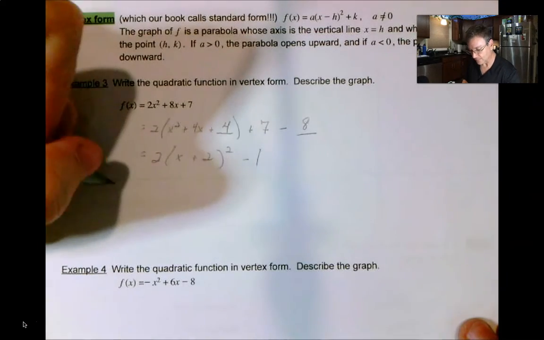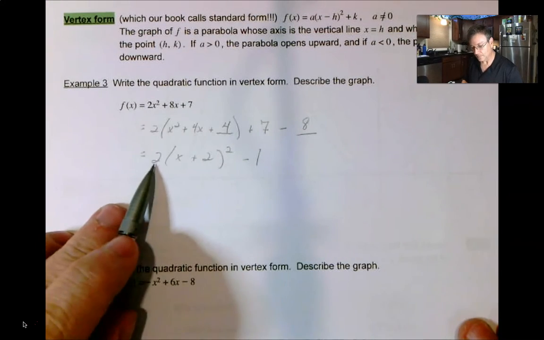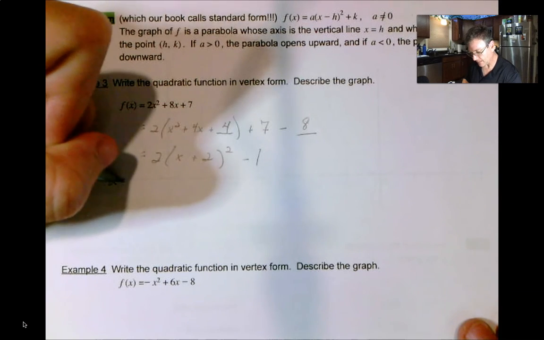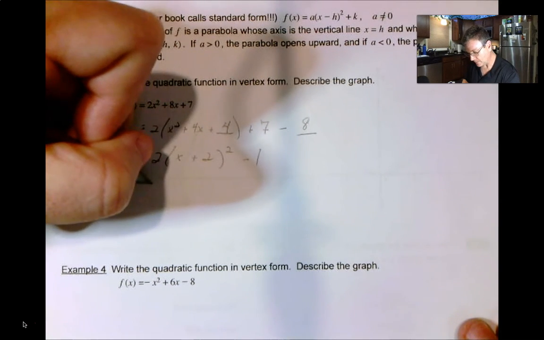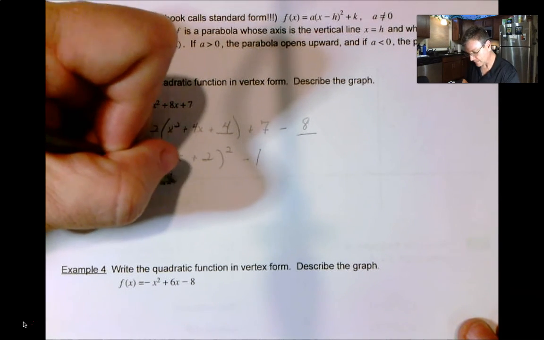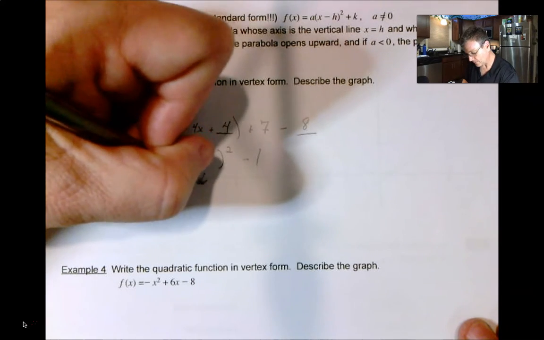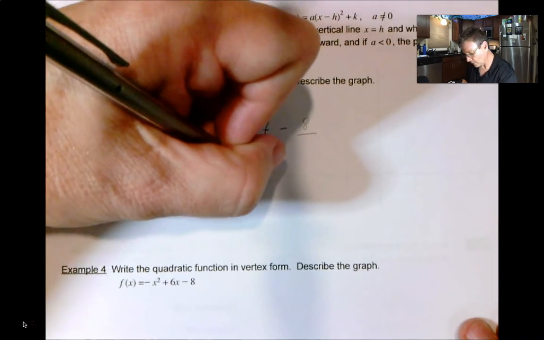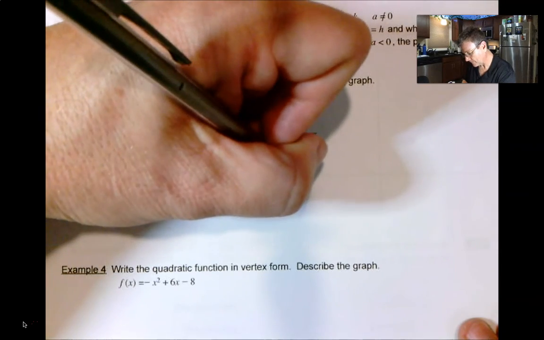So let's describe the graph. The 2 makes it a little more narrow. A equals 2 makes the graph more narrow.